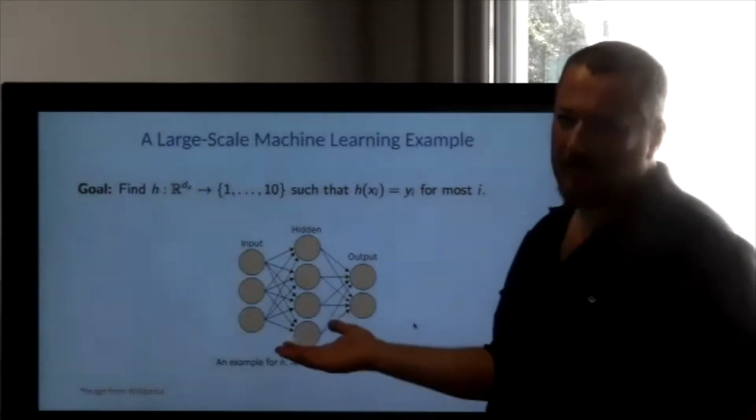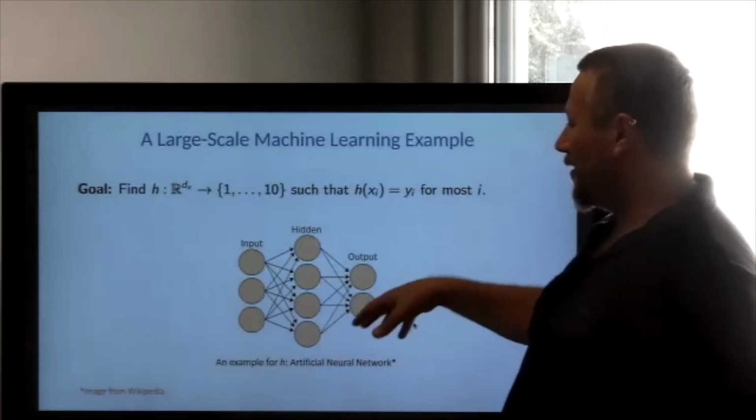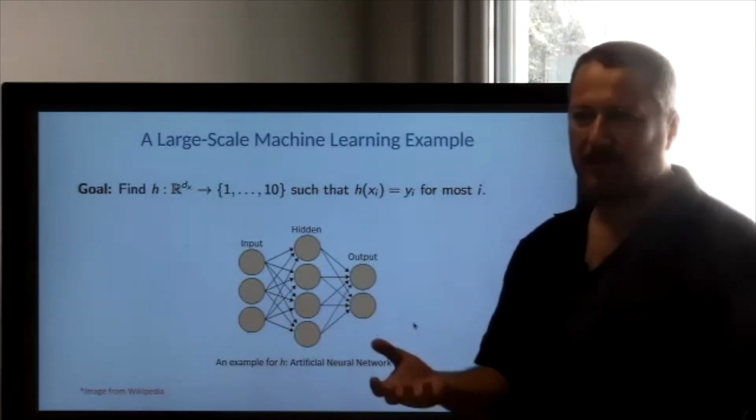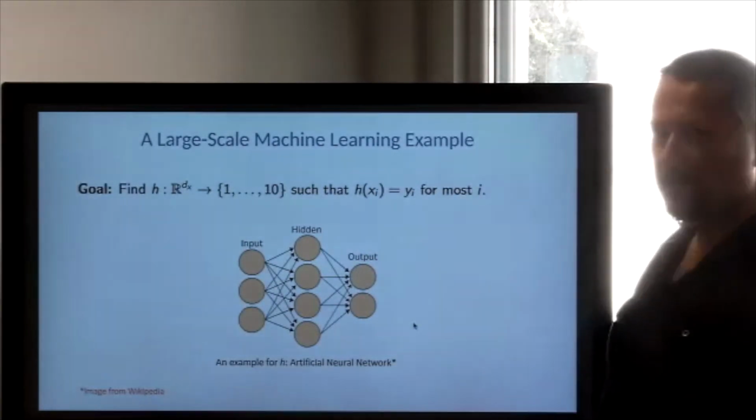I'm not going to go into details with these networks, but these networks consist of these nodes, which are very simple functions like threshold functions, piecewise linear functions, or a sigmoid function.